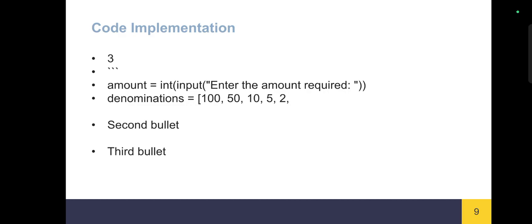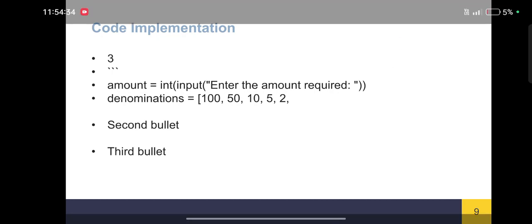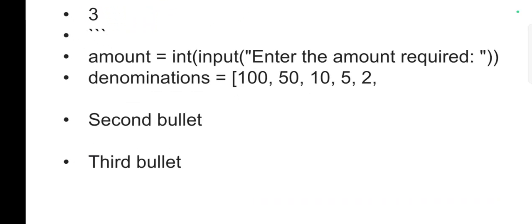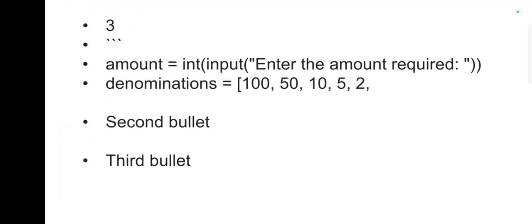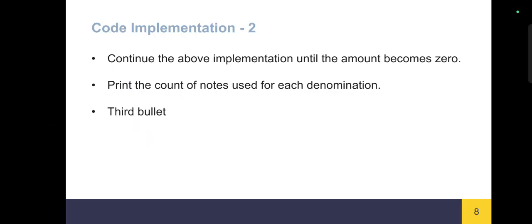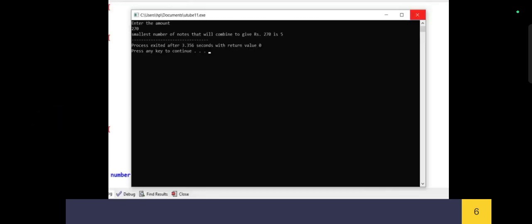Amount is equal to int input. Enter the amount required, denominations equal to 100, 50, 10, 5, 2. Here we see the output.